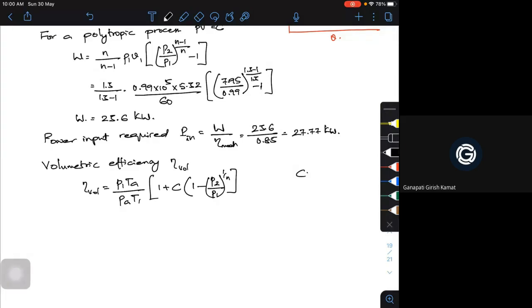They have given it as 5% of the clearance volume, so C is equal to 0.05.